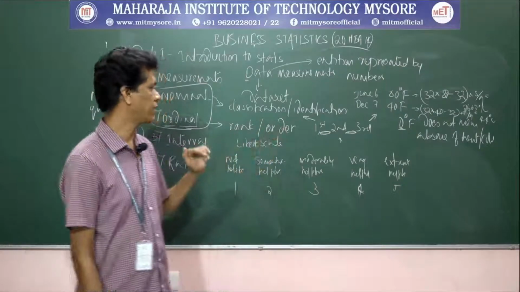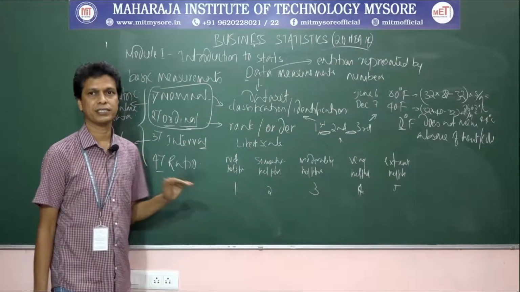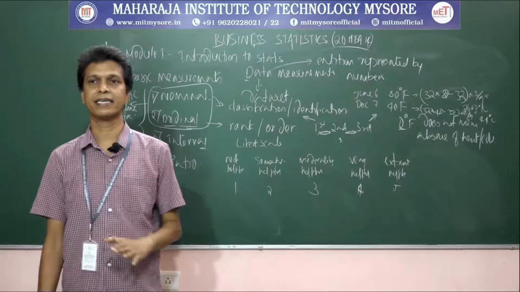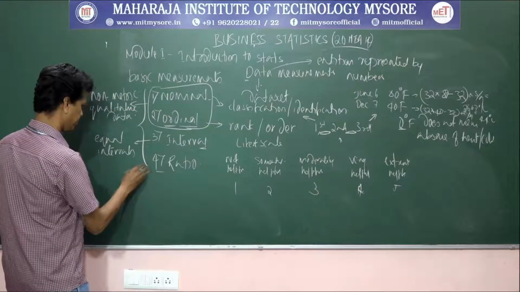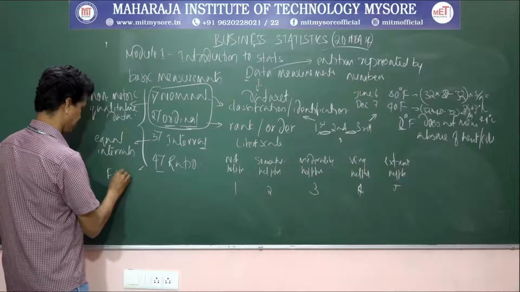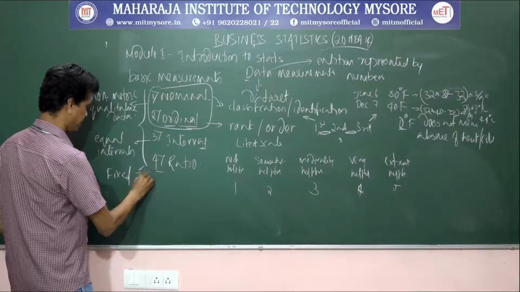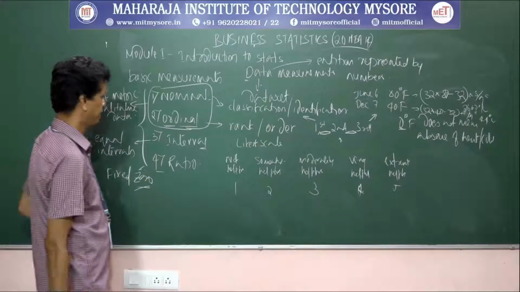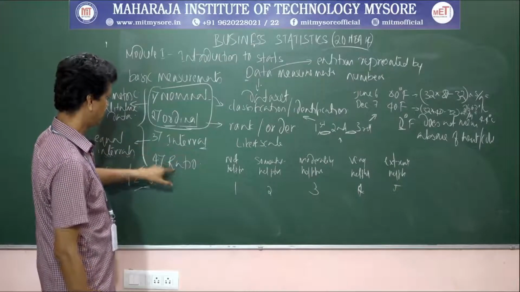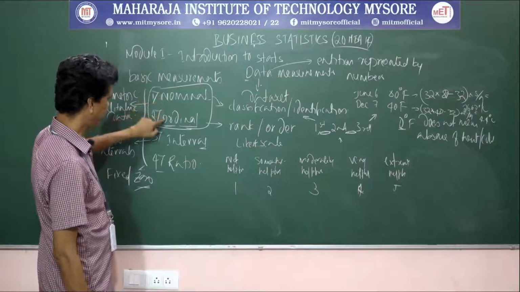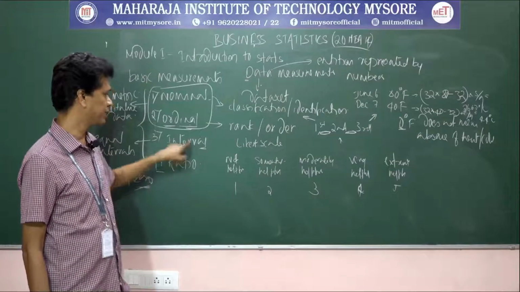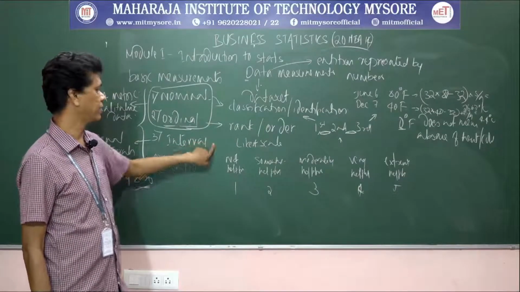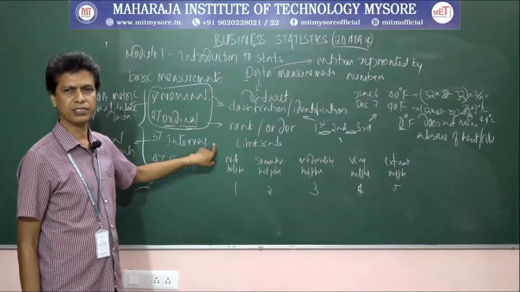The ratio scale has the absolute 0, or origin, or fixed 0. See the hierarchy. This has all the properties of nominal, ordinal and interval data, plus one strength which is not there in the interval scale, that is absolute 0.